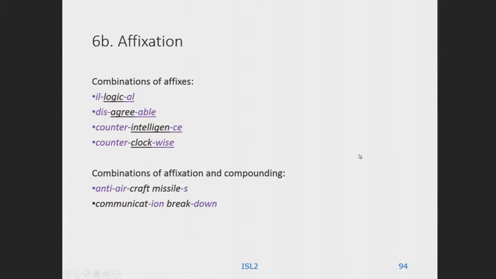We can have affixes, and then we form a compound, like aircraft, anti-aircraft missiles, with all kinds of derivation and inflection and compounding going on there. So it's not only one. So if you're ever asked to, in some place or time, determine what the word formation process is, keep in mind it might be more than one, right?